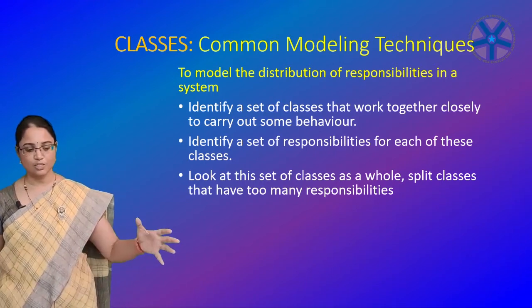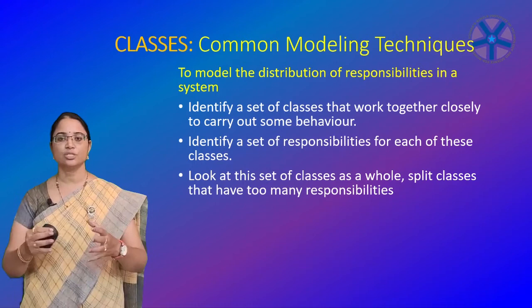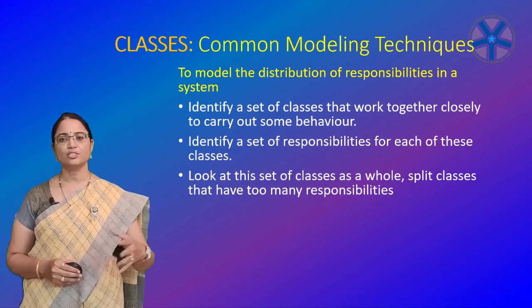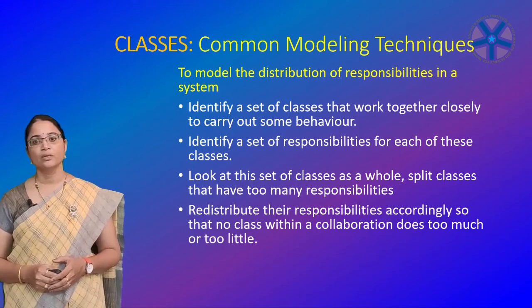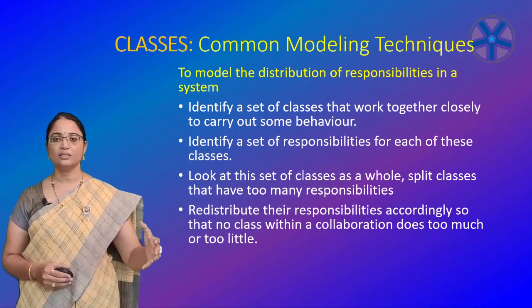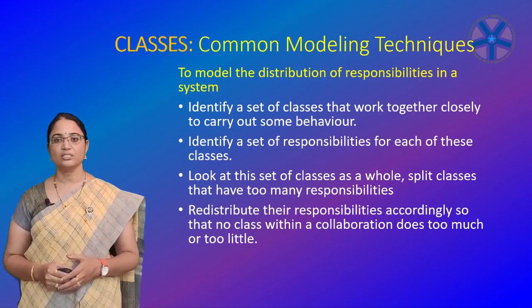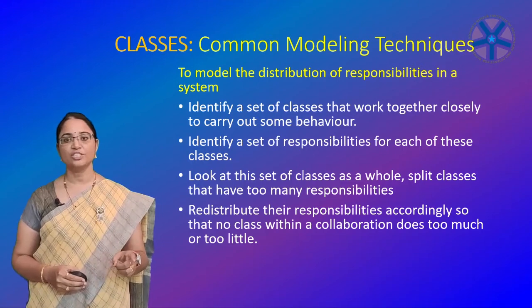Which means if you have larger responsibilities, split those classes. If you have small responsibilities, merge those into larger ones. And reallocate responsibilities so that each abstraction reasonably stands on its own. So consider the ways in which those classes collaborate with one another and redistribute their responsibilities accordingly, so that no class within a collaboration does too much or too little.